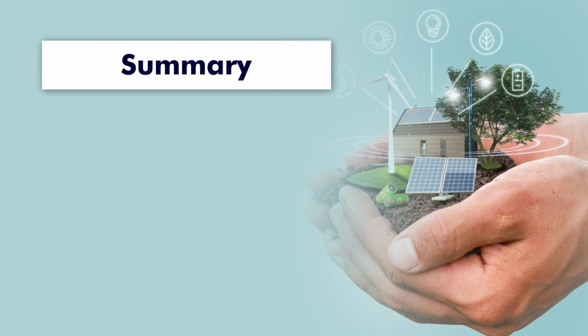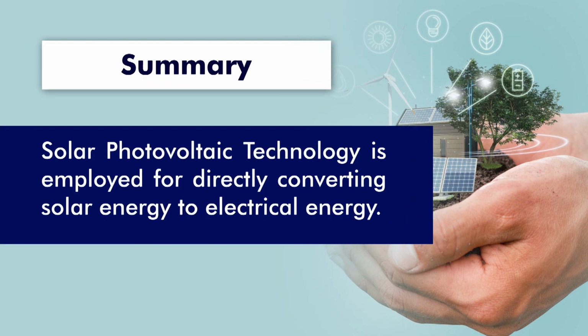Ranigunj belt. So dear learner, solar photovoltaic technology is employed for directly converting solar energy to electrical energy. Solar photovoltaic has found wide application in rural areas. Remote villages deprived of grid power can be easily powered using solar photovoltaic technologies.